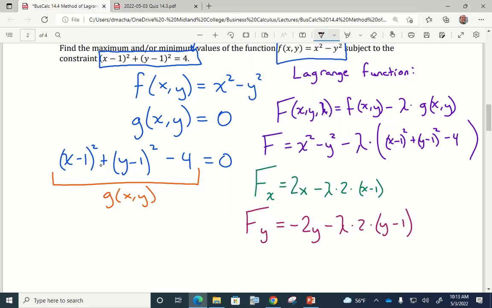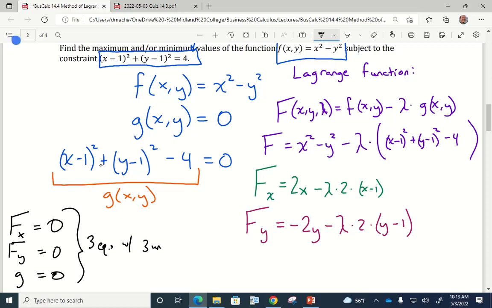So step 3 in my little procedure says that I need to set this partial with respect to x equals 0, the partial with respect to y equals 0, and I need to keep my original constraint equation, g equal to 0. And this represents a system of 3 equations with 3 unknowns. Those 3 unknowns are x, y, and lambda, so that means I should be able to solve it.